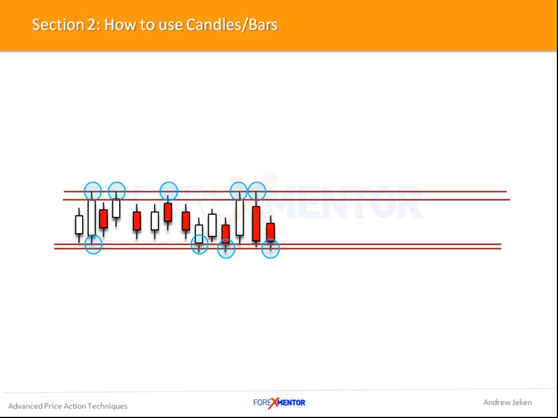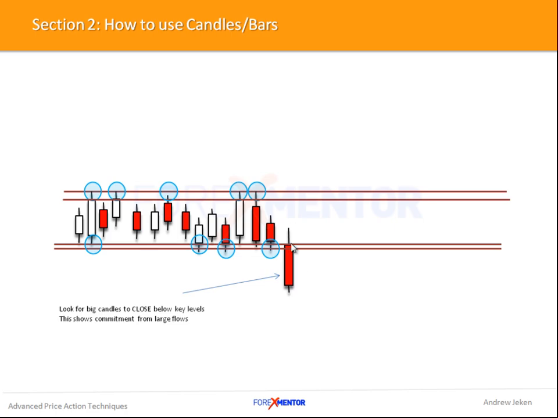Here again, at key areas of resistance or support, what you're looking for is price to actually commit and close. So you're looking for big candles to close below key levels, and this really just shows commitment from the larger flow. So you want to have a key area of support or resistance identified, and once price actually commits and closes, you want to see a decent size candle.